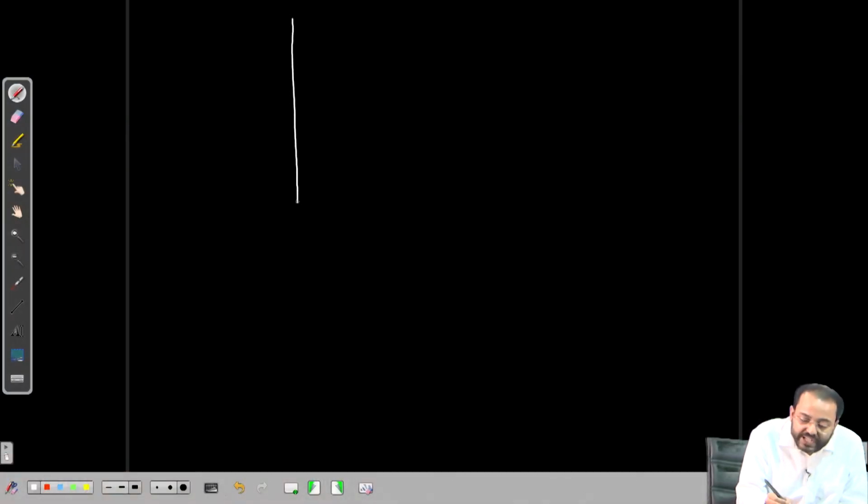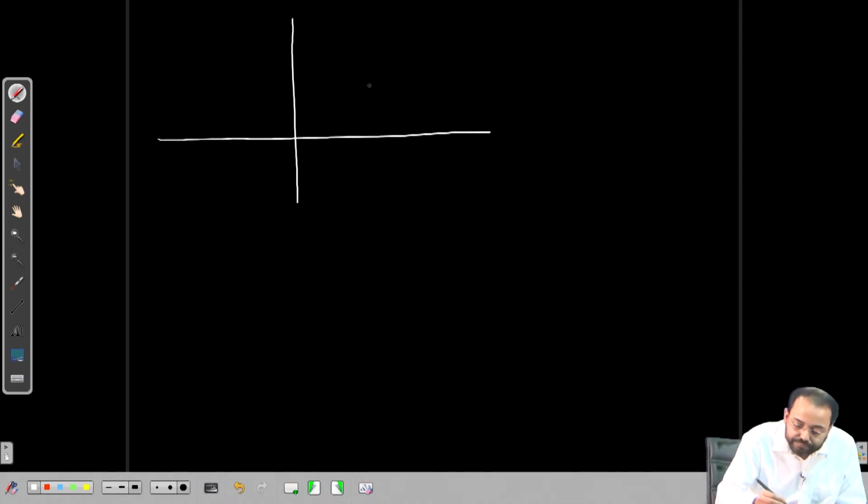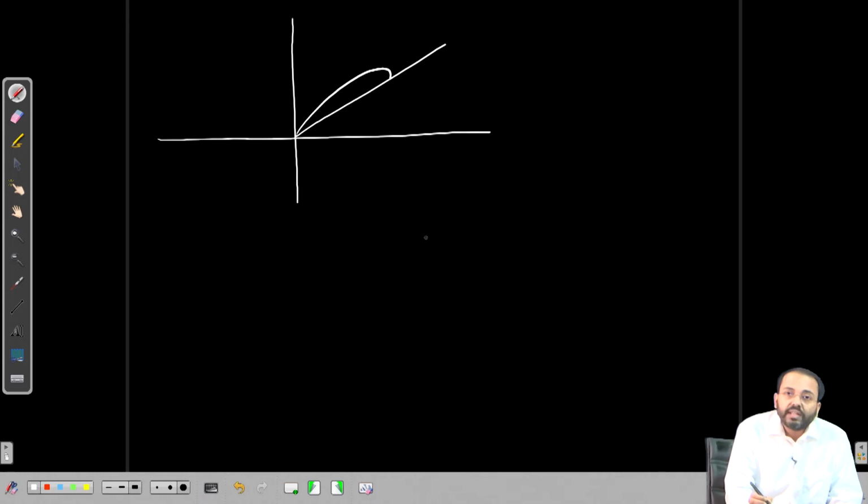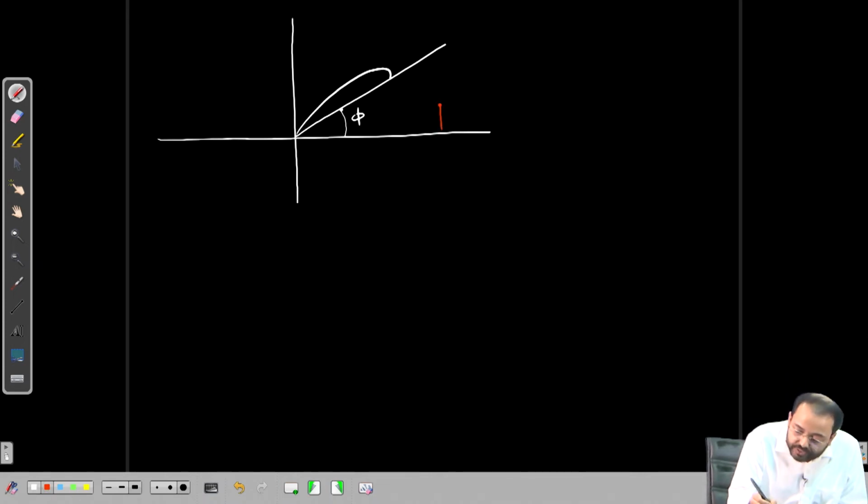So, we will draw the blade element diagram again, and the blade has a face pitch angle of phi. First, the axial and the tangential velocity due to rotation will be shown.